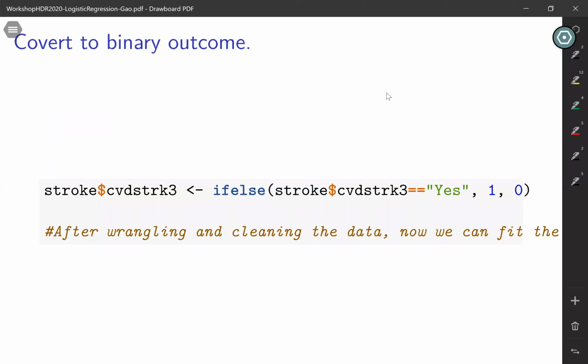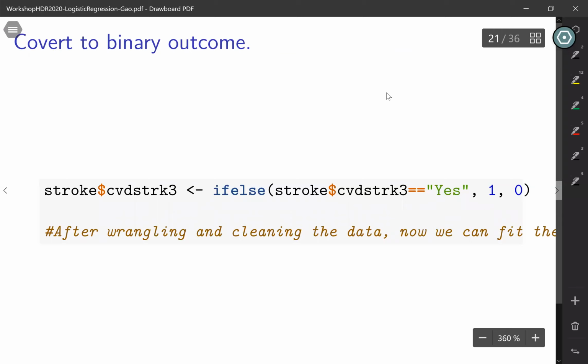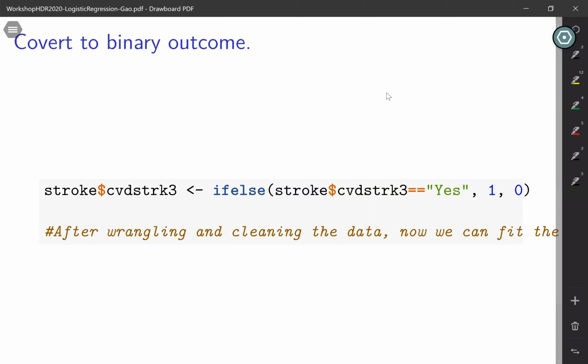But you can do the other way. You can define your own. To understand easily, we just use 1 to represent yes. So what I'm doing here is converting the original yes or no of the stroke status. Yes means the patient has stroke.